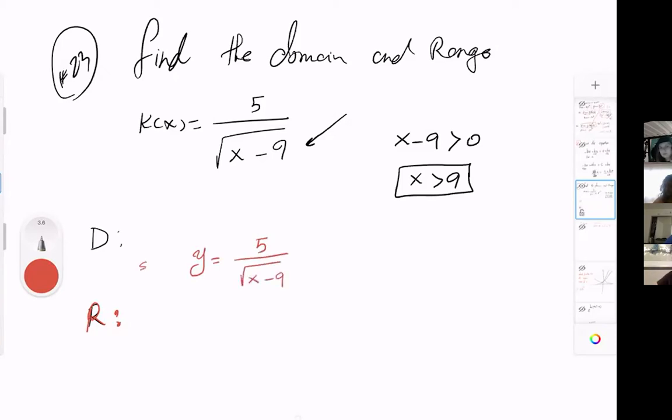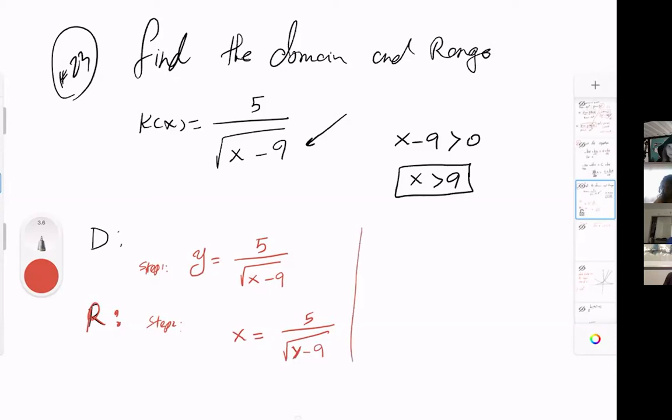That's step 1. Then step 2, we say x equal to 5 over radical y minus 9. I switch x and y, then we're going to solve for y. Okay? That's the final exam. You need to show me that you know this. We find the inverse, then the domain of that will be the range of the function.